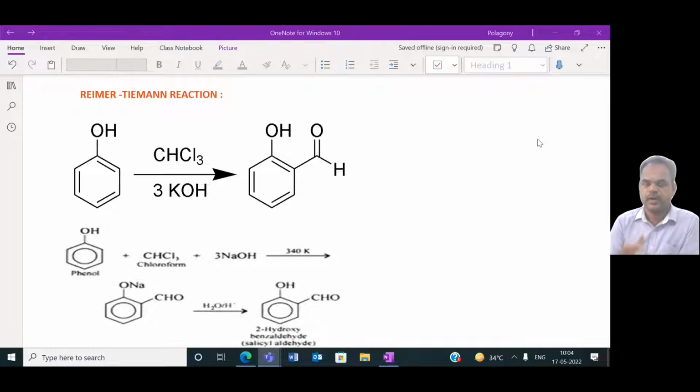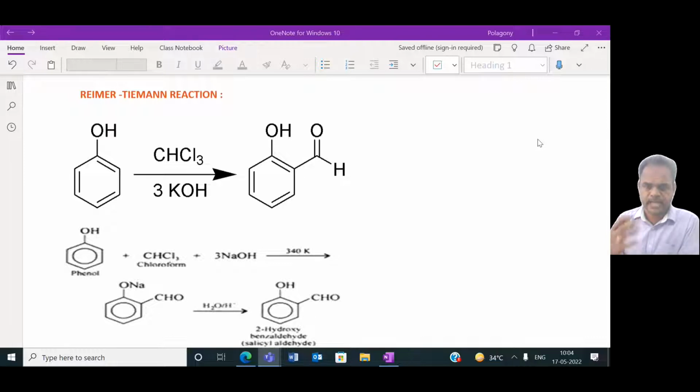But chloroform doesn't dissolve in the aqueous solution of sodium hydroxide. Then how does the reaction take place, how do the chloroform and sodium hydroxide combine? For this, we need to take a PTC, phase transfer catalyst.